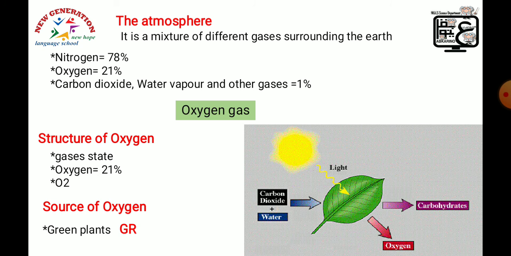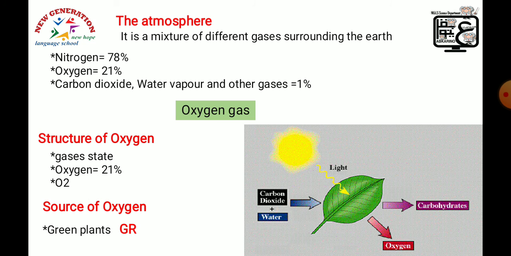Number three, water and mineral salts from the soil. So the green plants need three things during the photosynthesis process, number one, sunlight, number two, carbon dioxide gas, and finally water and mineral salts.